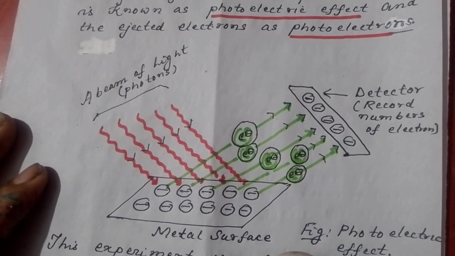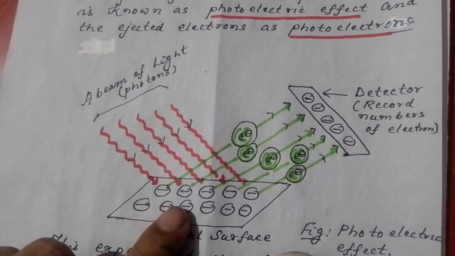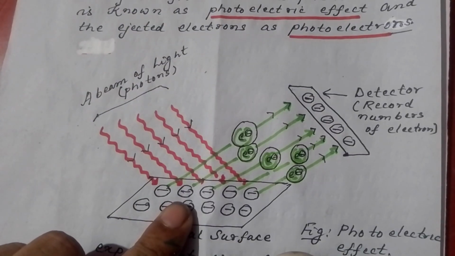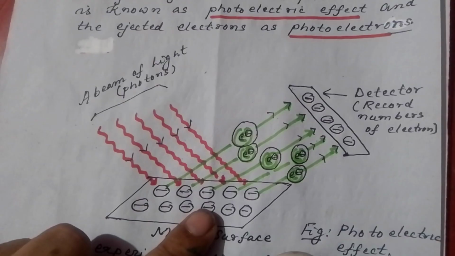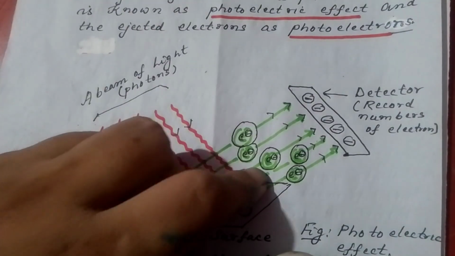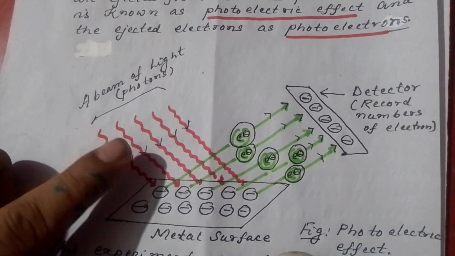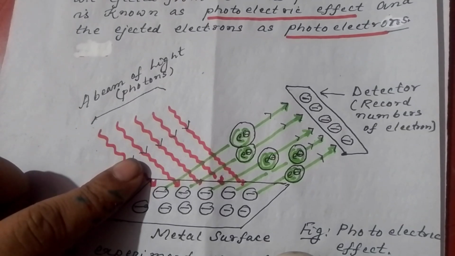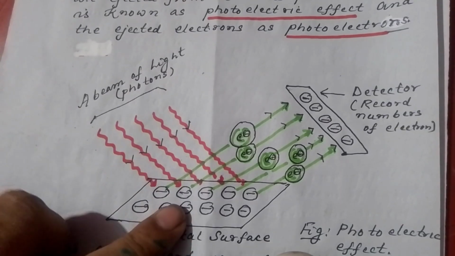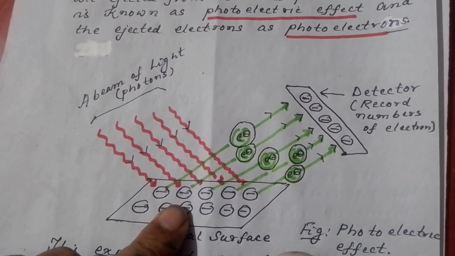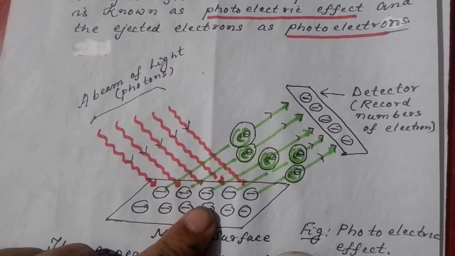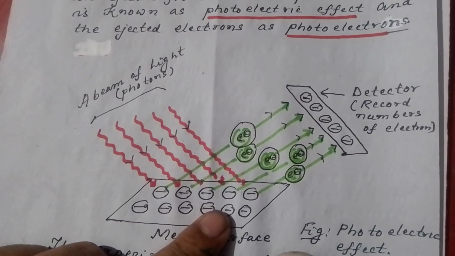Got? Second point. Now, every metal has a threshold frequency, meaning the minimum frequency required for an electron of a metal to get ejected. So always the frequency of the incident ray, that is the sunlight, has to be larger in comparison to the threshold frequency of the electron present in the metal.